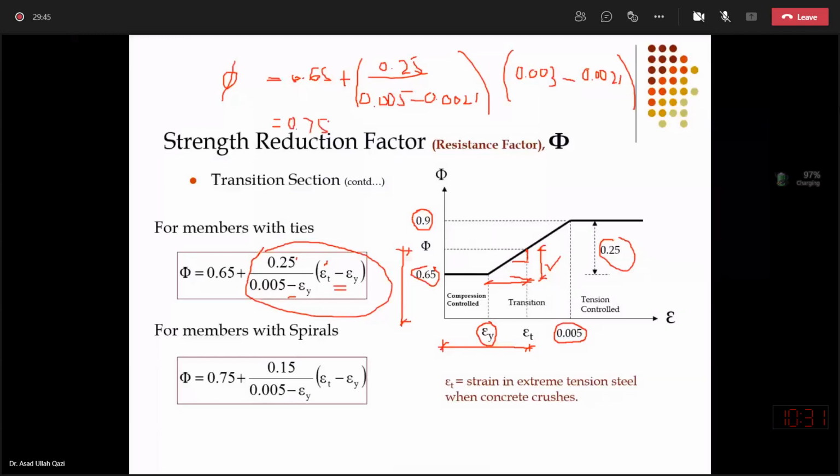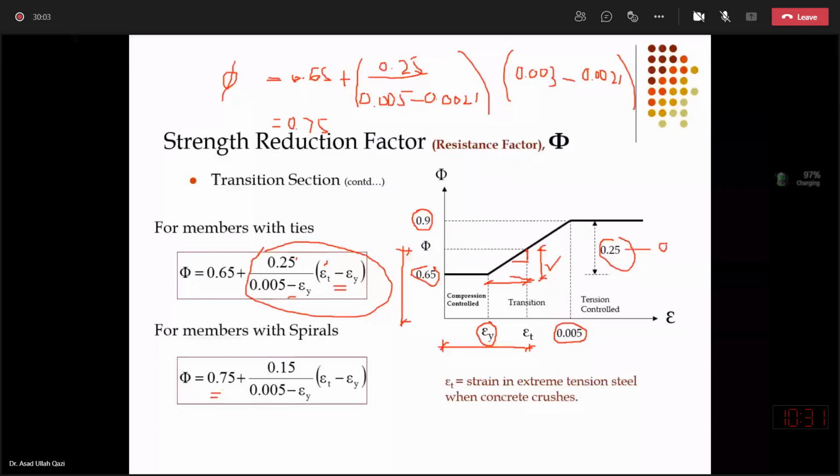Underneath, for spirals, they are giving you another equation. Now it will start from 0.75 and the difference will be 0.9 minus 0.75, so it will drop to 0.15.